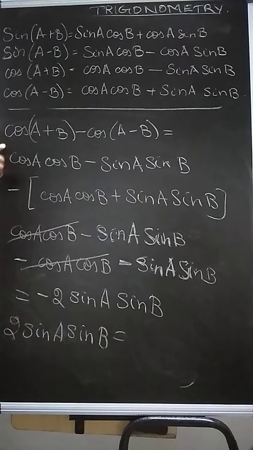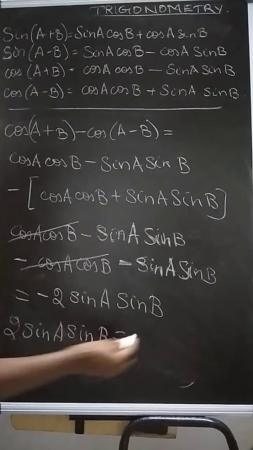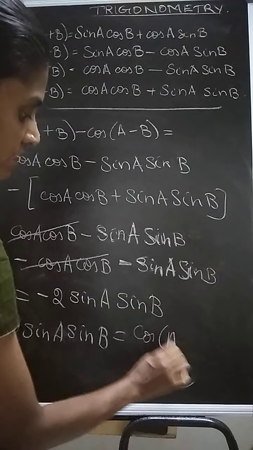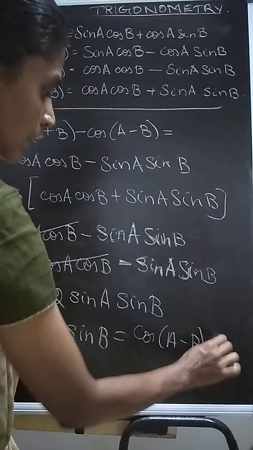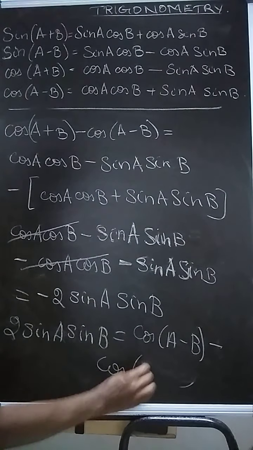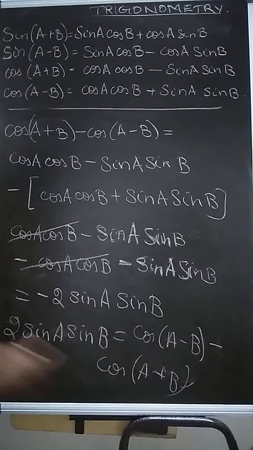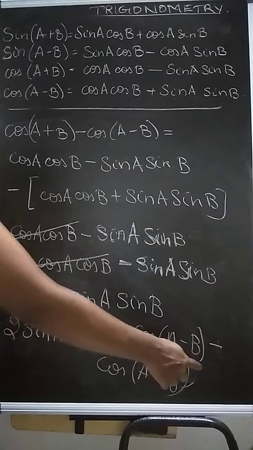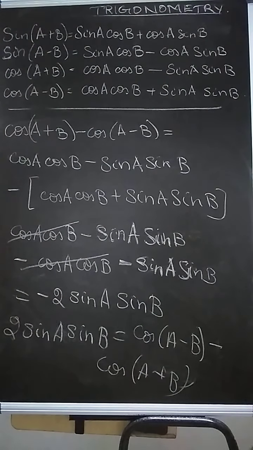So what will happen? Here this plus will change as minus and this minus will change as plus. So you will get cos(A minus B) minus cos(A plus B). So 2 sin A sin B is equal to cos(A minus B) minus cos(A plus B).